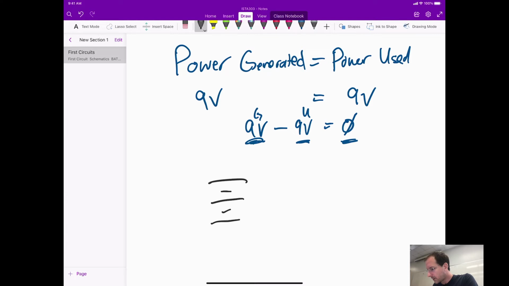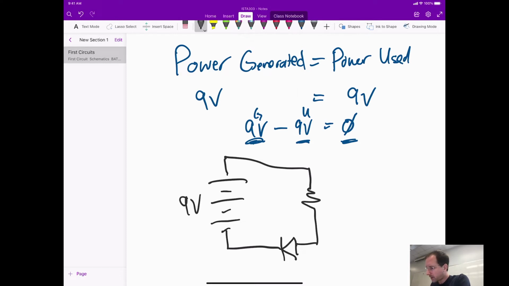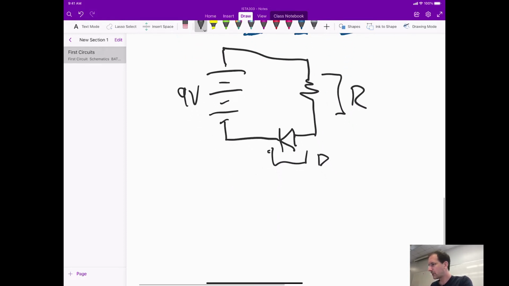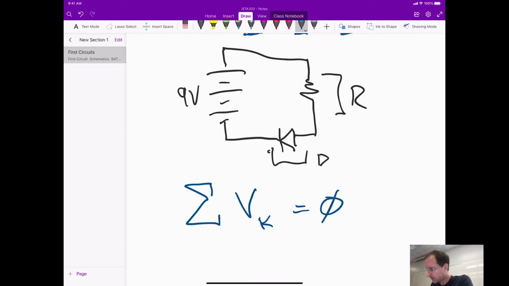So in our simple circuit with a battery and an LED and a resistor, if the battery is generating 9 volts, then the other components here, the resistor and the diode, or the LED, have to be using 9 volts somehow. Slightly more formally, that basically means that the sum of voltages in the circuit have to be equal to 0.